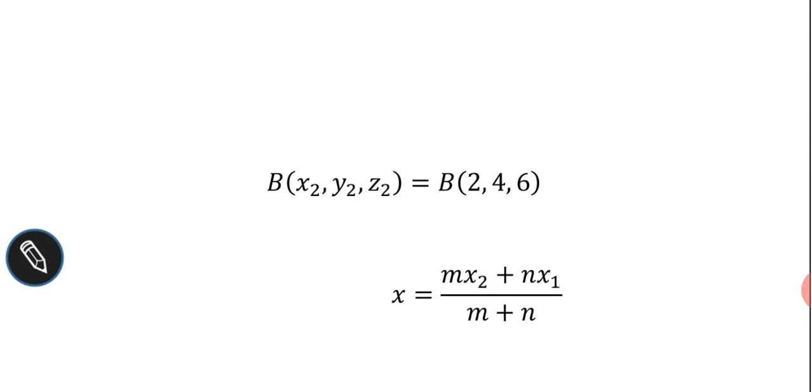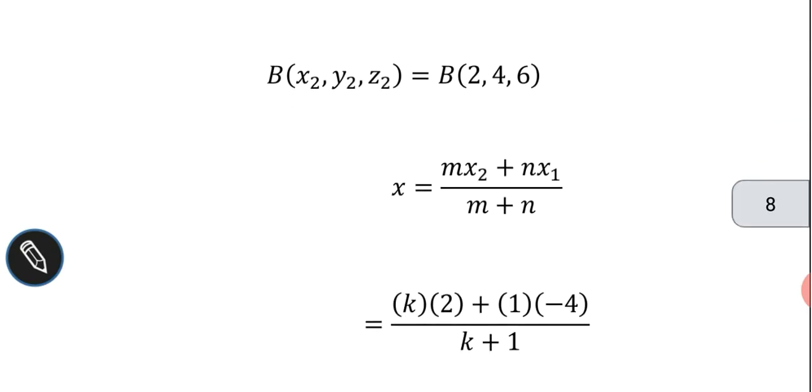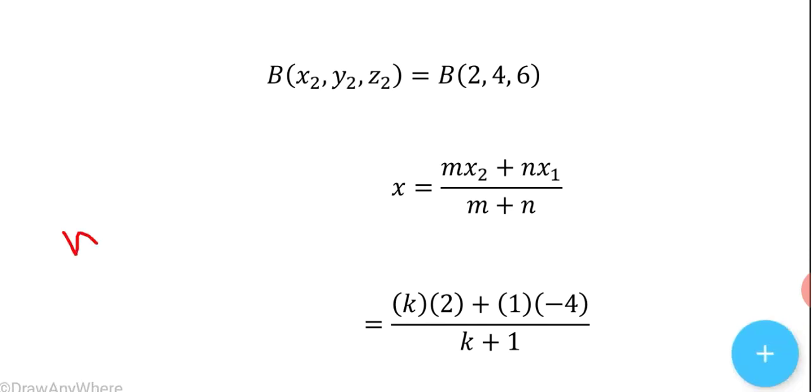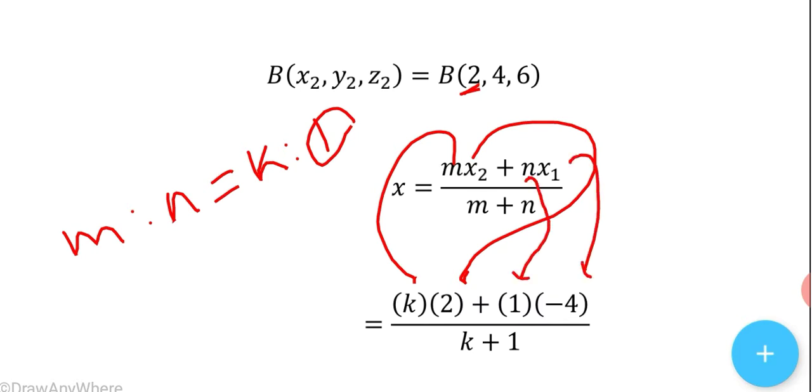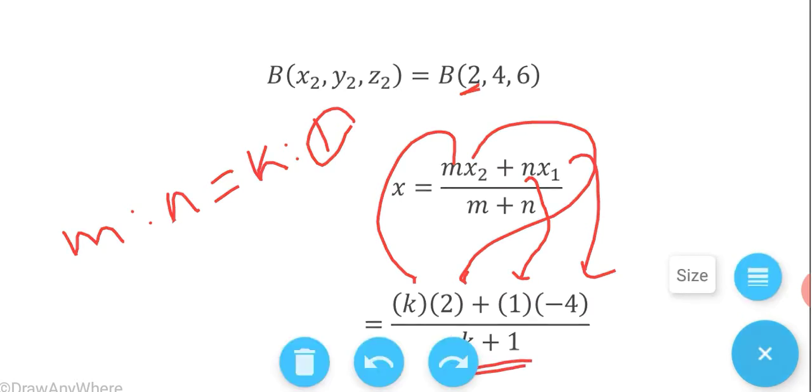So x equals (m x2 plus n x1) divided by (m plus n). We know that m is to n here is k is to 1. So for m we put k, for x2 we have 2, for n we have 1, for x1 we have -4, divided by m plus n, so k plus 1.